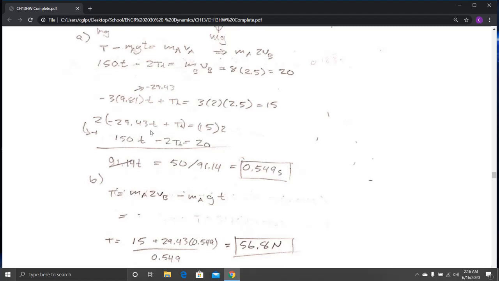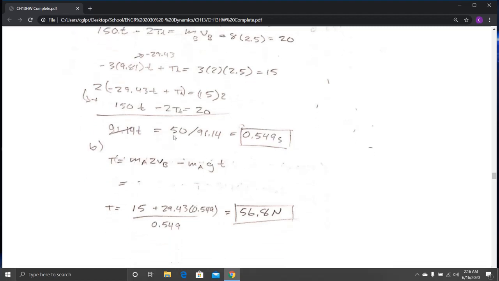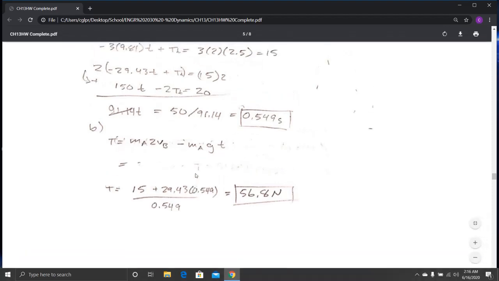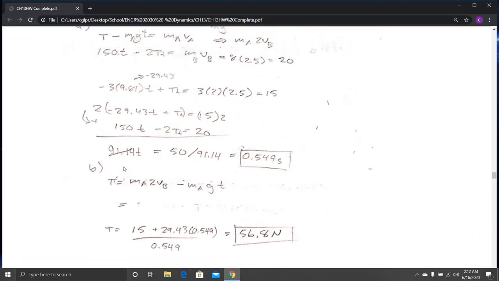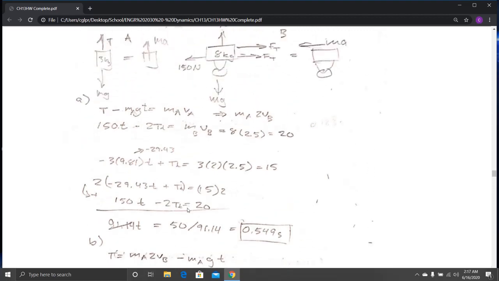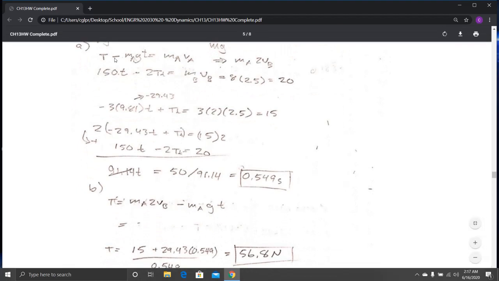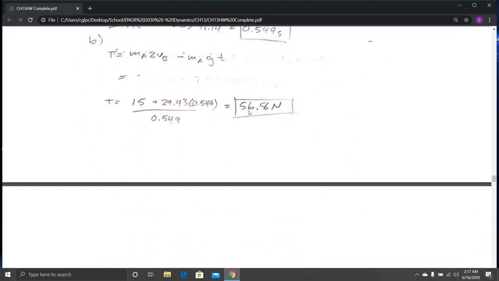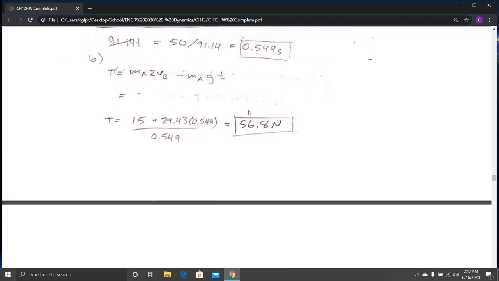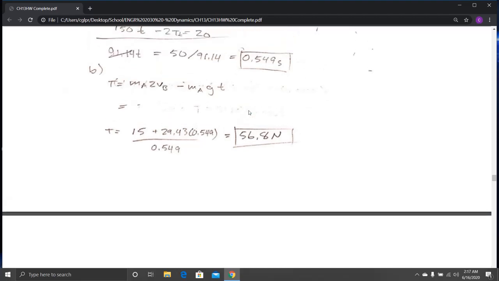I need to multiply it by 2 so that the tensions will cancel out, and I'm able to solve for time that way. I then go ahead and plug in the time to the first equation I had here after isolating for tension, and I find the tension is about 56.8 newtons.